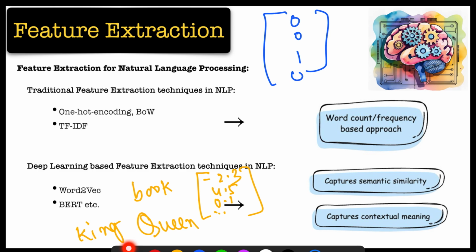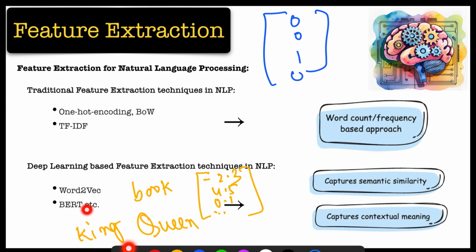So this type of vector calculations we will be able to do, because these numbers are trained in such a way so that we can do this. So basically it captures semantic similarity. Semantic similarity basically is the meaning of the words. So Word2Vec captures the meaning of the words.